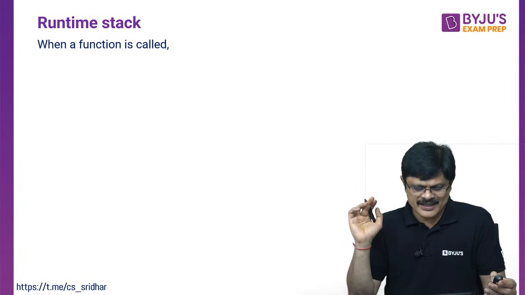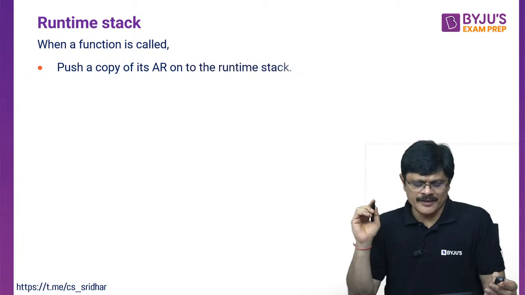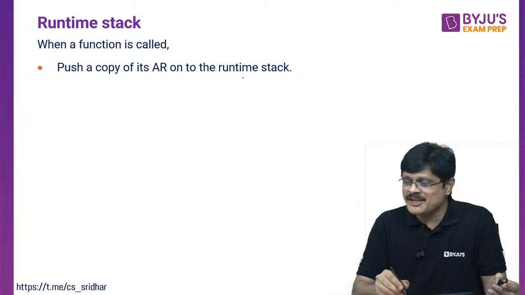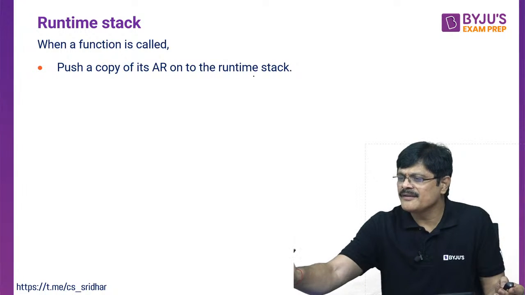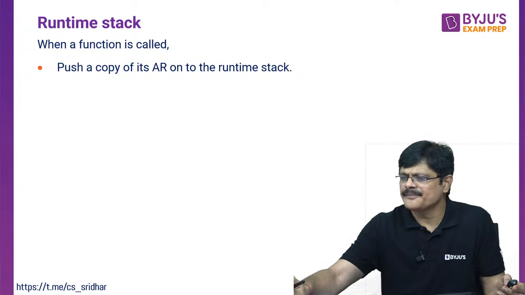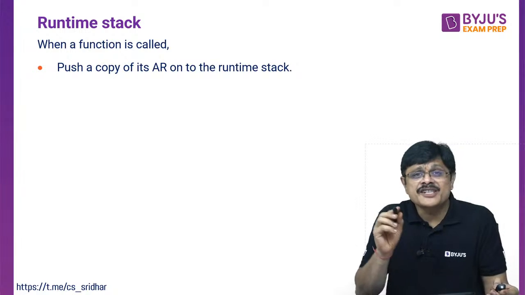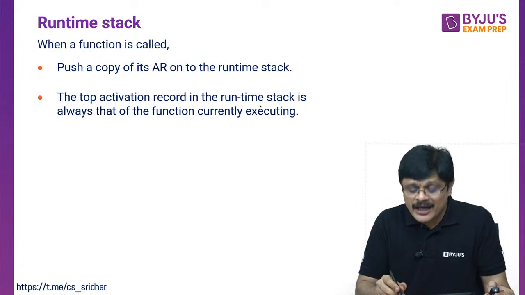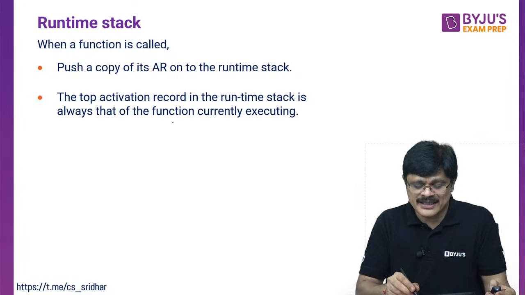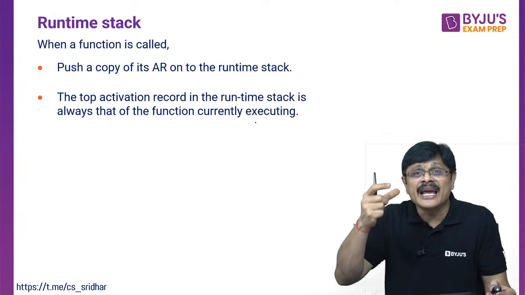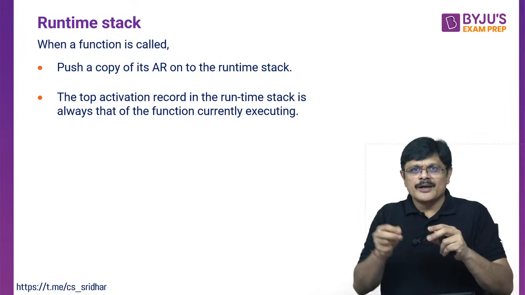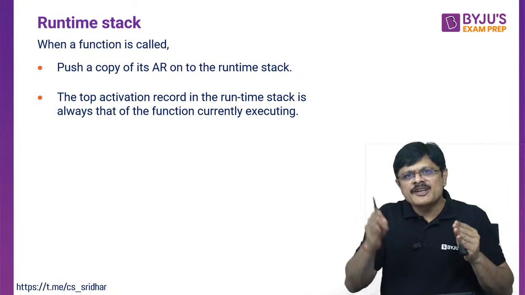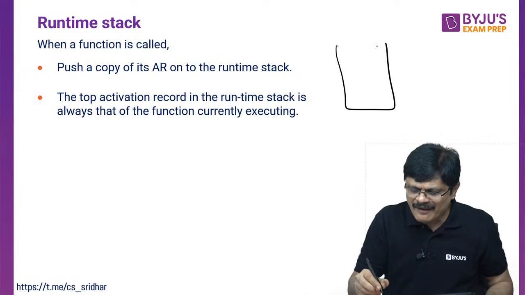Now let us see this. When a function is called, push a copy of its activation record onto the runtime stack. The top activation record in the runtime stack is always that of the function currently executing. Because suppose you call a function that calls another function that calls another function. You may have the main function.